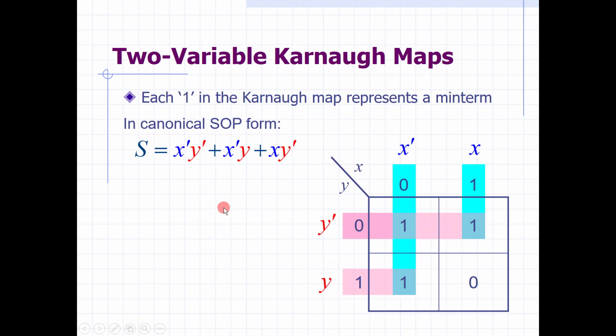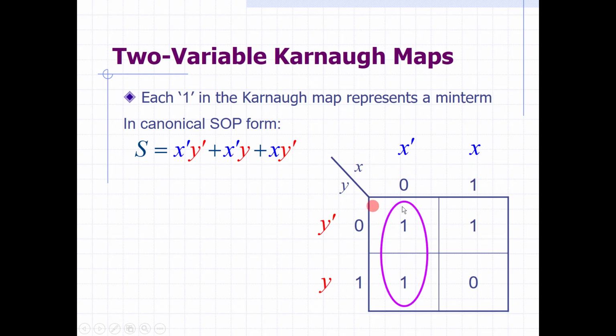But we can actually do better than that, and we can start to simplify. If we look at what it takes to be in this group, now, again, we're talking about an SOP form. If I know that x is a 0, I'm in this group. It doesn't matter what y is.